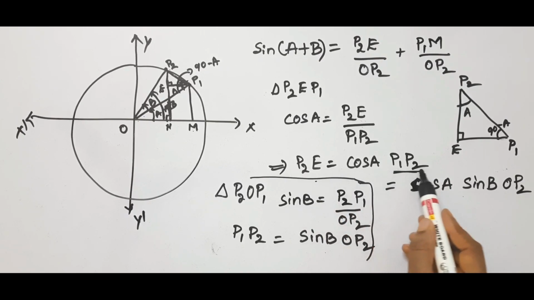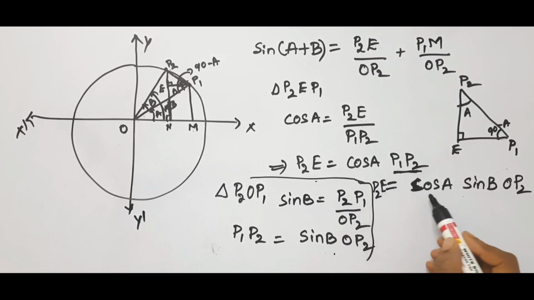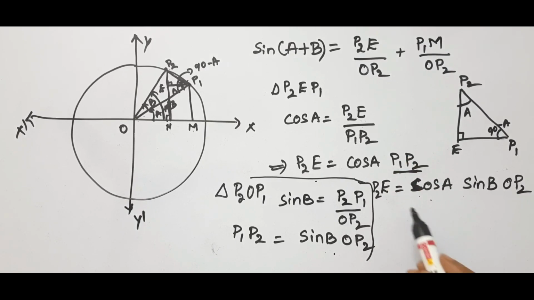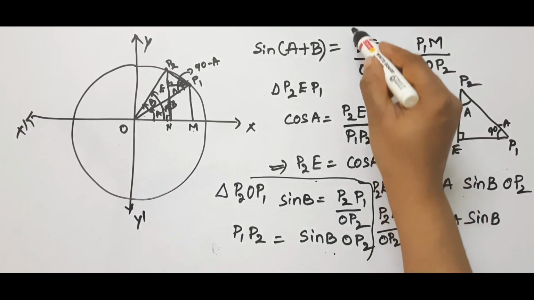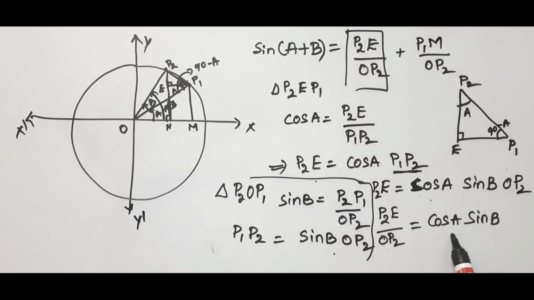We have substituted in this place the P1P2 value which we got here. Now bring this OP2 to the LHS, so P2E by OP2 equals cos A sine B. So we got this part, P2E by OP2, as cos A sine B.